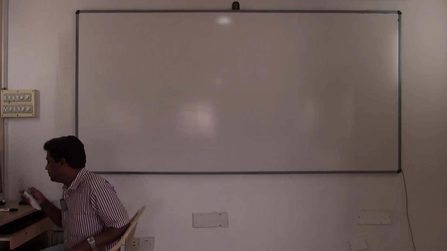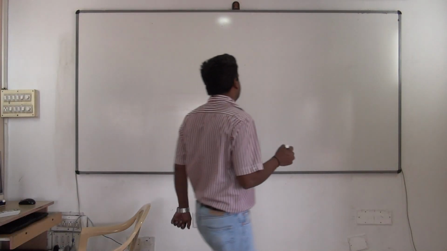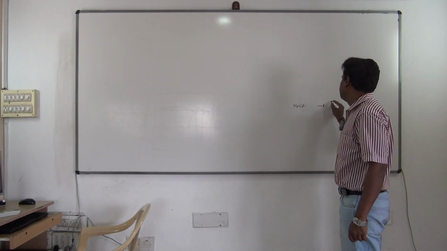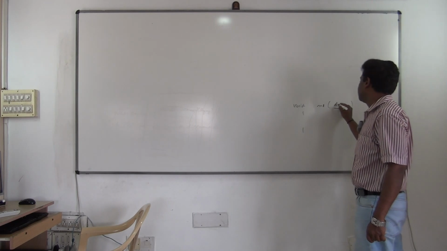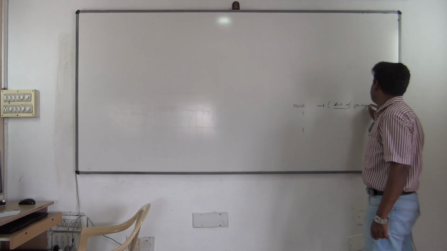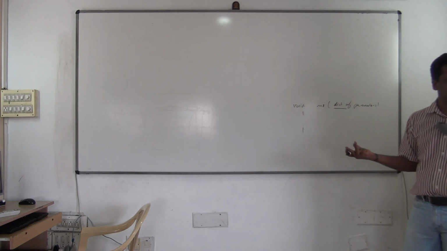Clear? Okay. But before we proceed, what is the signature of the method? Return type, name, and a list of parameters. You can have 0 parameters, 1 parameter, 2 parameters, it depends.